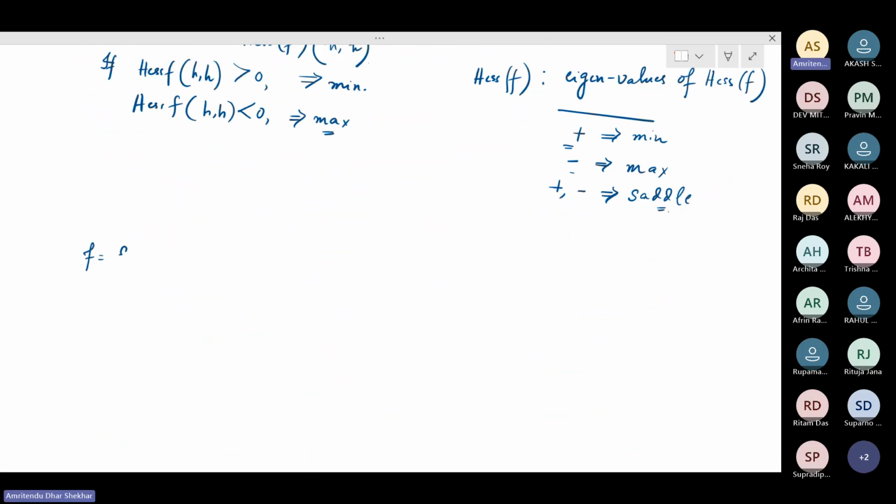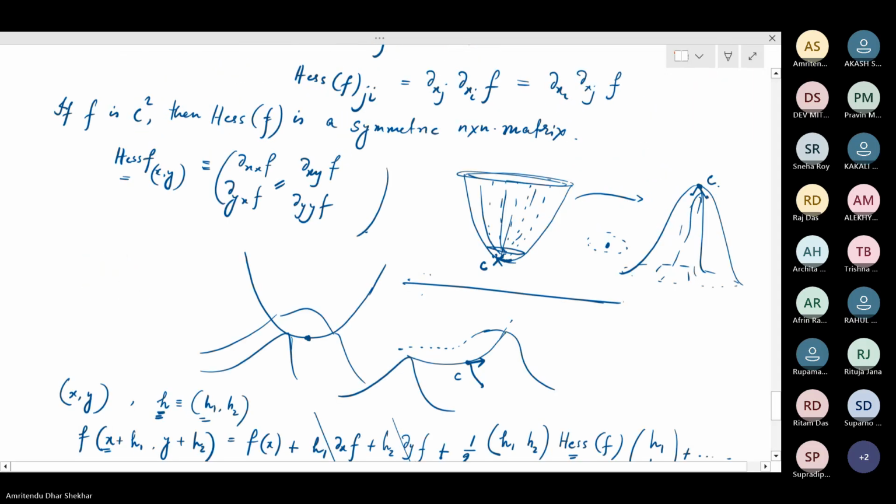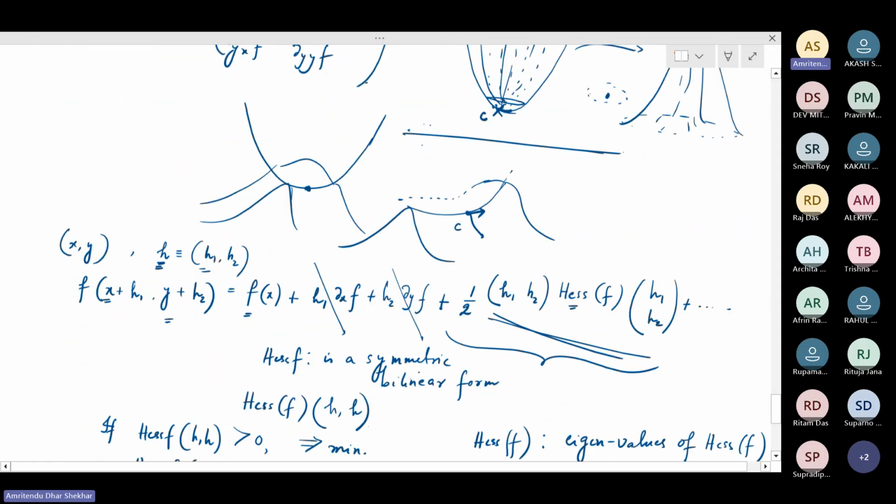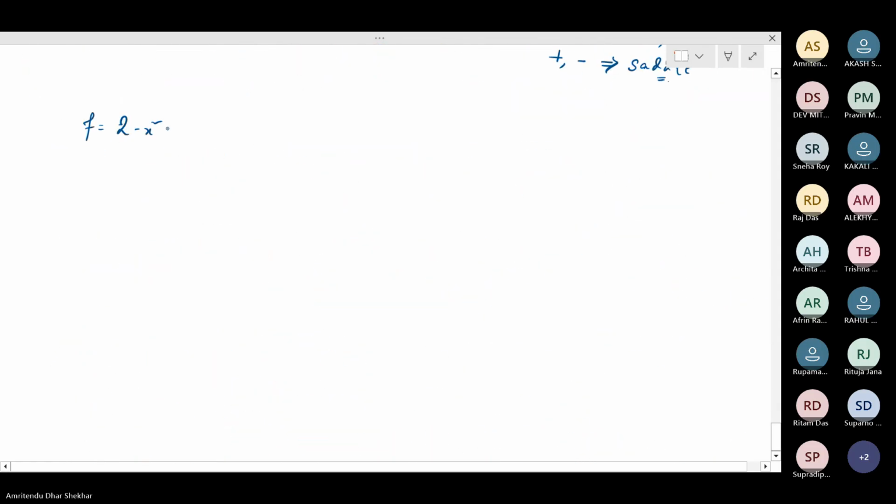F is equal to 2 minus x squared minus x point minus 5. So you have to first determine the critical points of F. To do that, you first set del x of F equal to 0, which says twice x plus y is equal to 0.